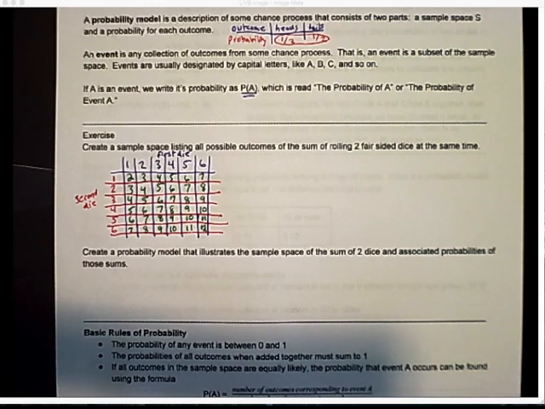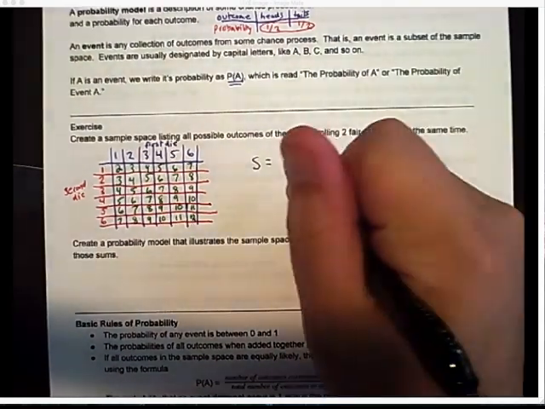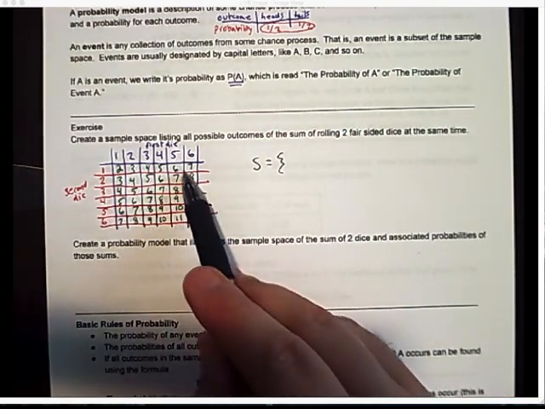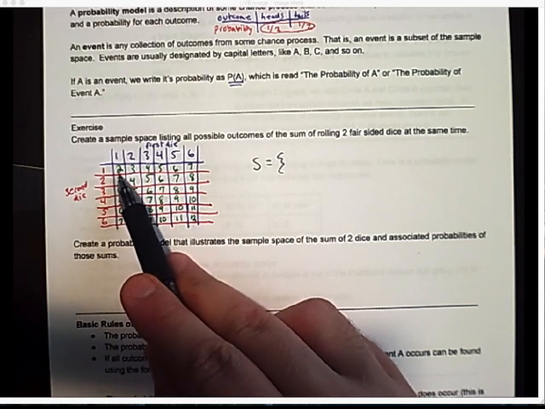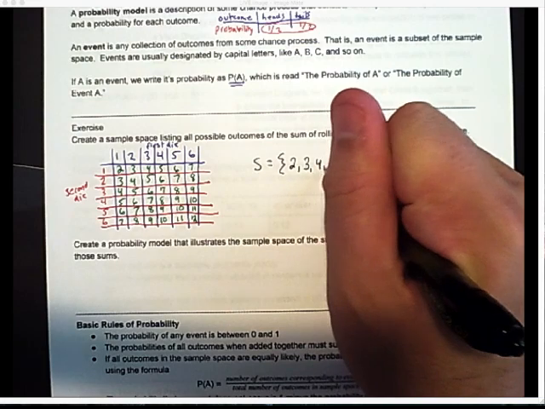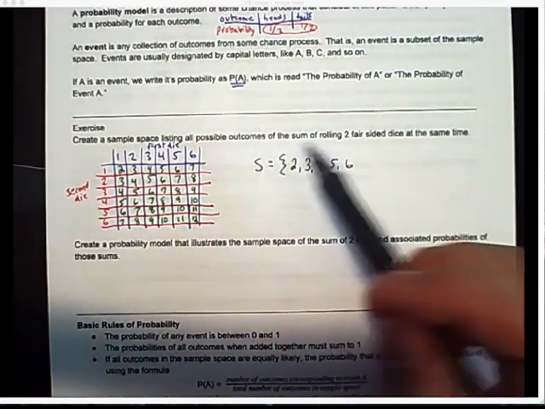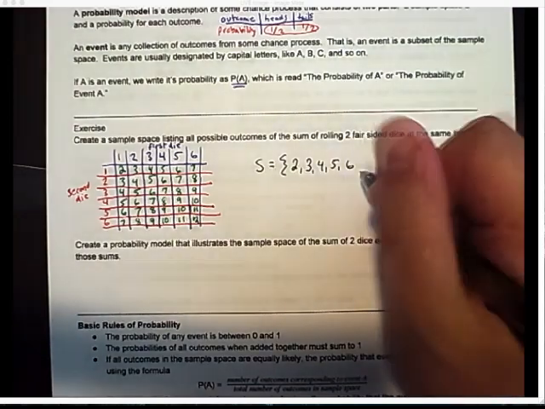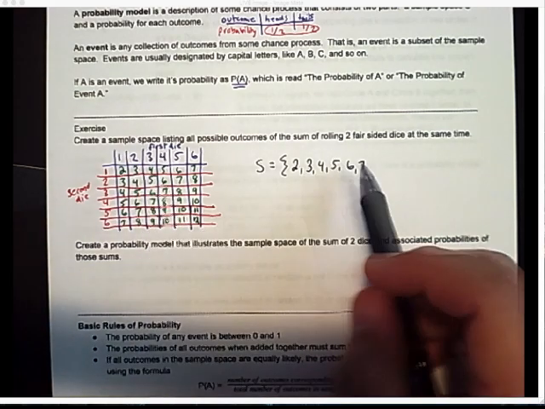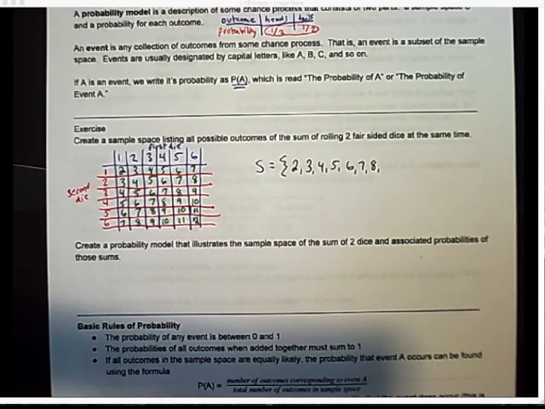Now, that's not what the question is asking here. It's just asking for the sample space. What are all the possible outcomes? Well, if I look in this middle, in the green part, I see a number 2. 3 is a possibility, 4 is a possibility, 5 is a possibility, 6 is a possibility. And 7 is a possibility, just looking at that first column. We have all those numbers starting at 3, but now it goes to 8. So I can get 8 when rolling 2 dice.